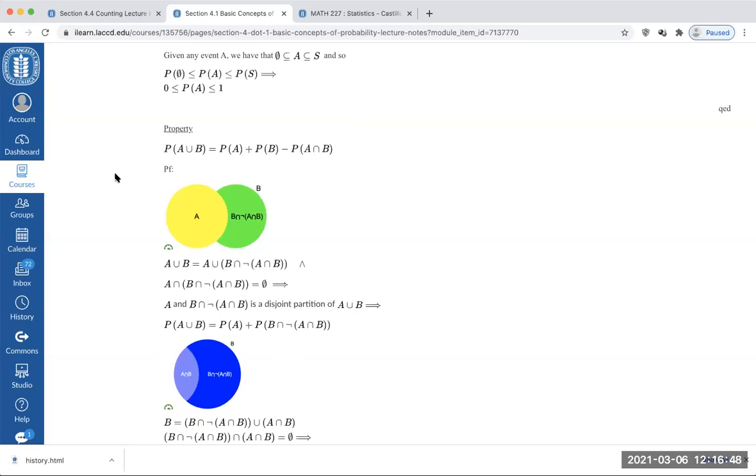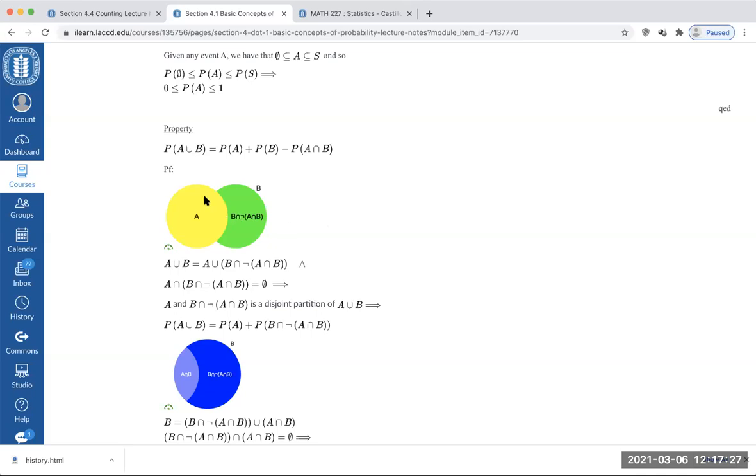So first, if I look at A, and if I look at B intersect not A intersect B, meaning if I look here at A, and I look at B, take away A, then this becomes a disjoint partition of A union B. So A union B is equal to A union (B intersect not A intersect B).